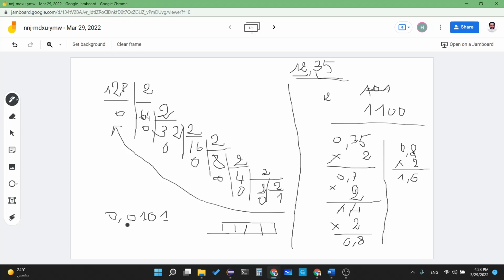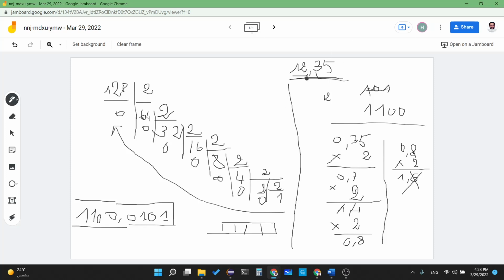So we have to stop after 4 bits, and we have to ignore the remaining information. Okay, so this 6 here will be neglected, will be ignored. So we will have an approximation of this number. So here we will get 1100.0101.